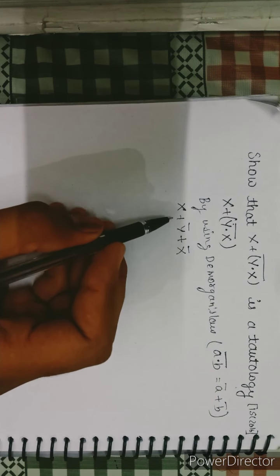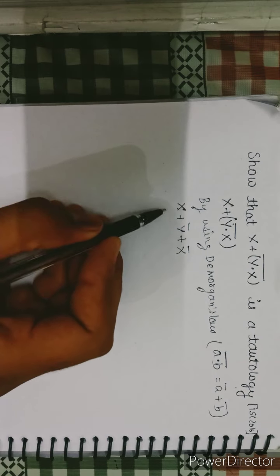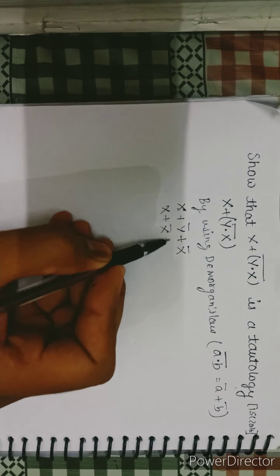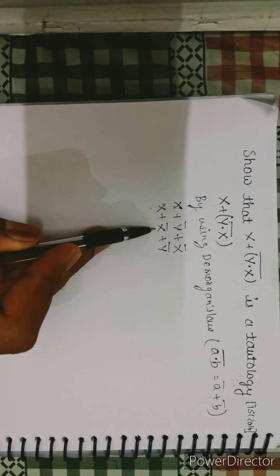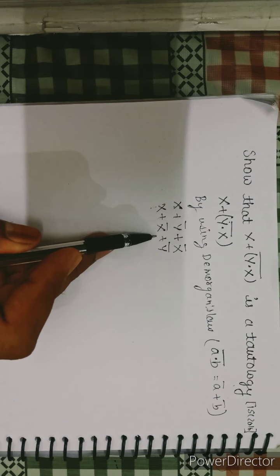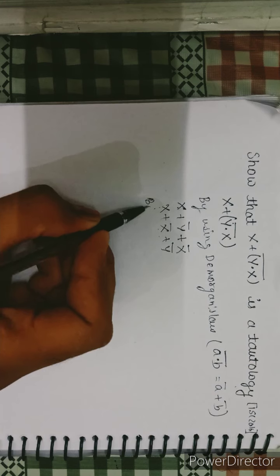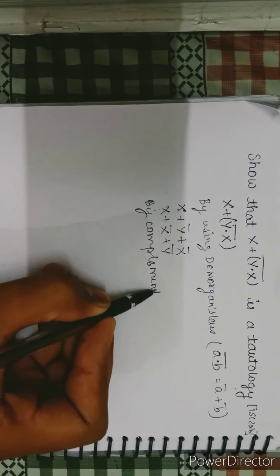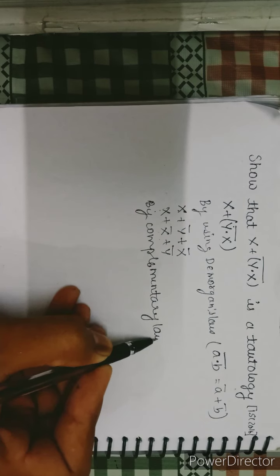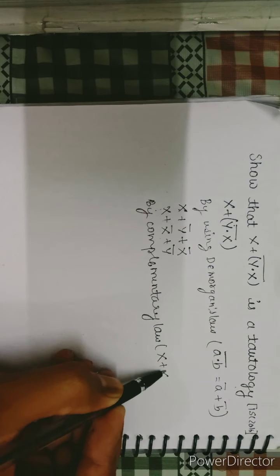Now X plus X bar and plus Y bar. Here we can see that the complement form of X is written, so we will be using complementary law. Complementary law states that X plus X bar equals 1.